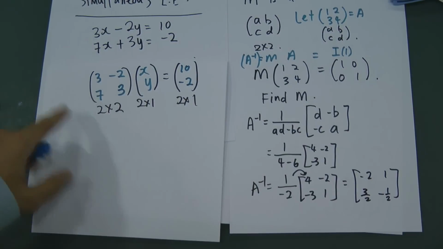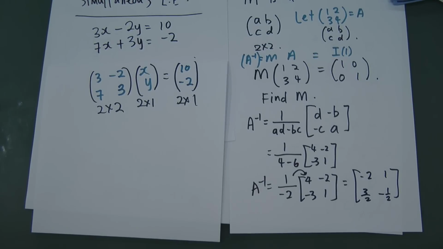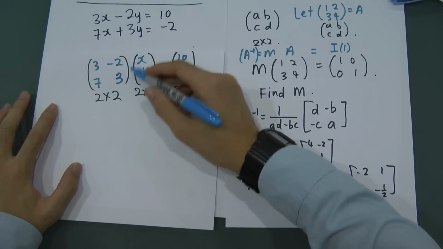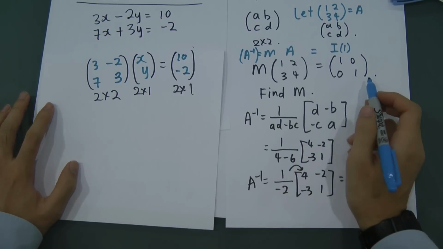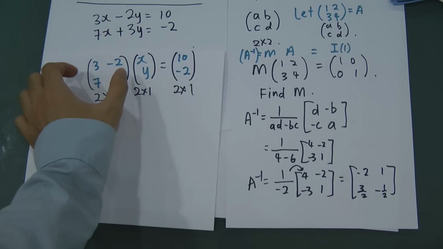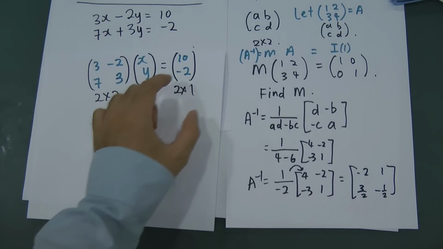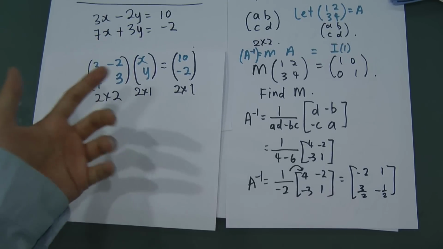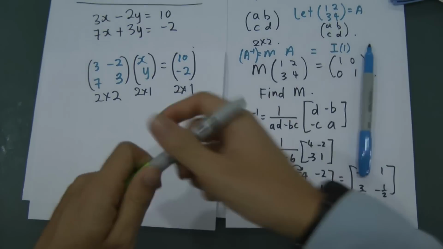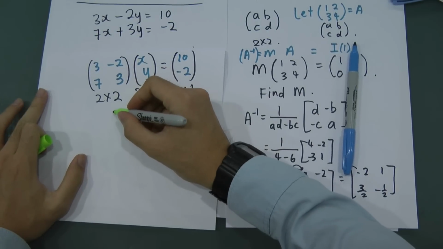After you form this, normally they will ask you to find x and y. How to find x and y is very simple. You just need to move this matrix to the other side. If this matrix multiplied by this matrix gives this one, then when it moves to the other side, it will become the inverse. Why do I say so? Let me give a simple example.